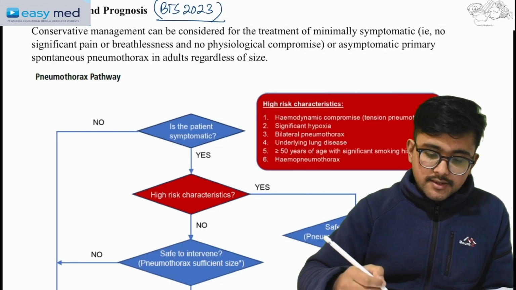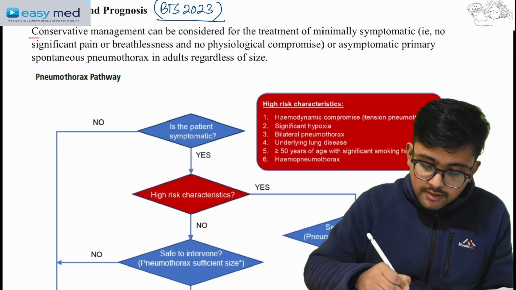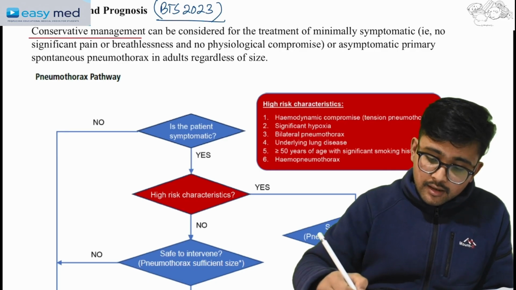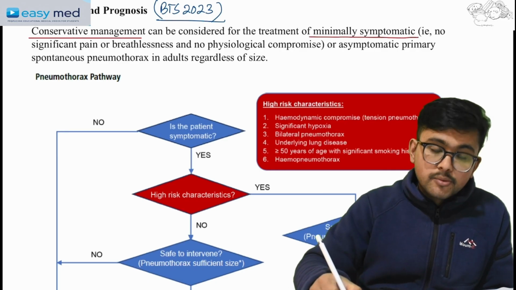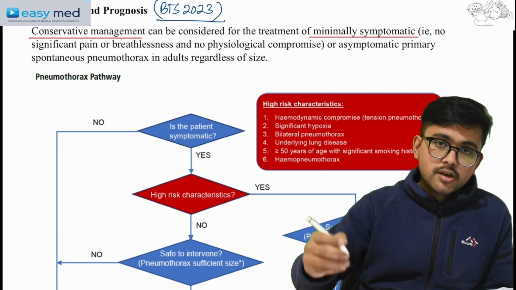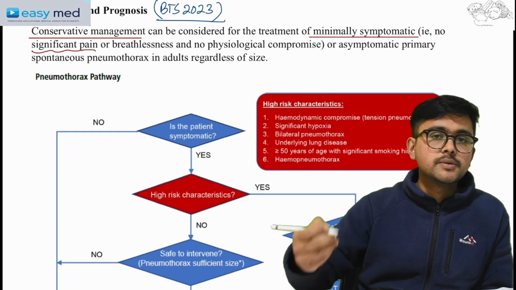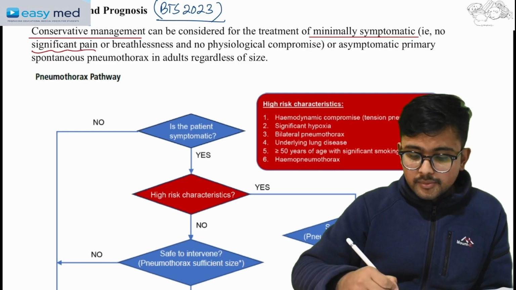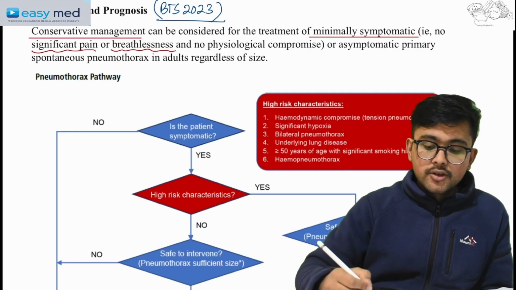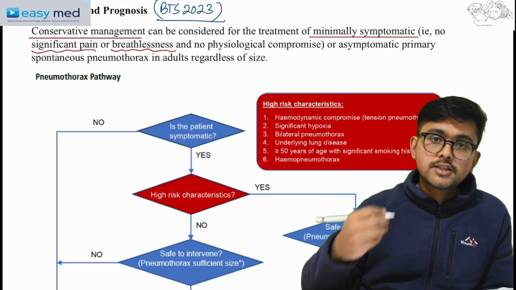What the guidelines have suggested is you have to consider conservative management for minimally symptomatic pneumothoraces. So if a patient comes to you with pneumothorax but does not have significant pain, of course there's going to be some pain, but it's tolerable, and the person also does not have breathlessness, you do not need to intervene surgically.